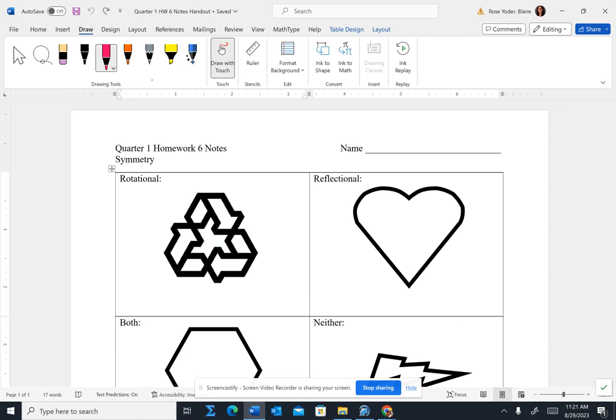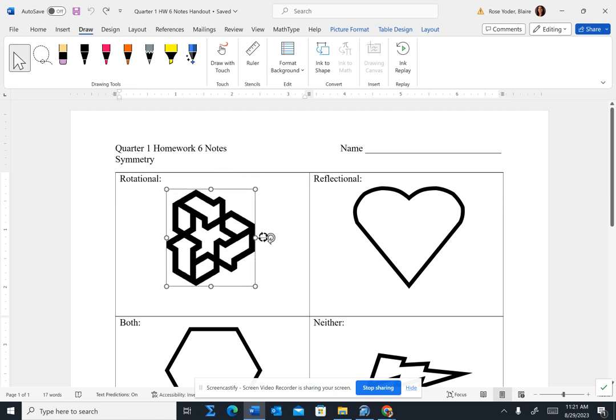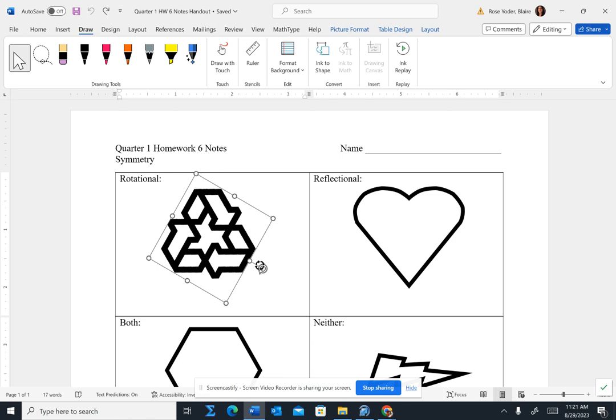The first picture here is an example of rotational symmetry because I can take this picture and I can rotate it. Now keep in mind, not one of our usual 90-degree rotations, but if I go a little bit more, do you see how that image looks exactly the same as the initial image that I started with?